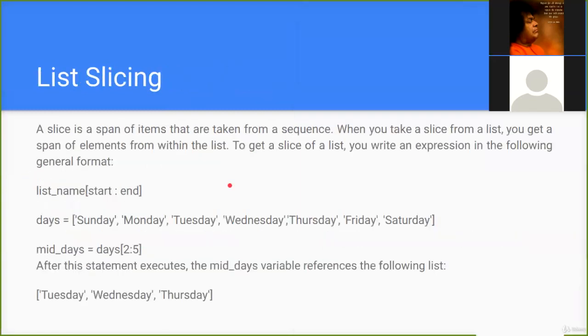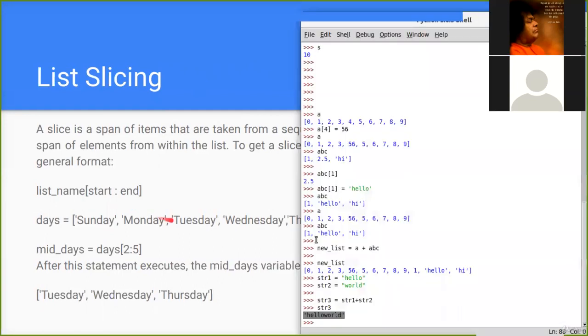Okay, now we had seen that we could add two lists, but we can also slice a list, which means we can cut a list. The syntax of how you do it is the name of the list, and the starting index to the end index. So now let us take an example.